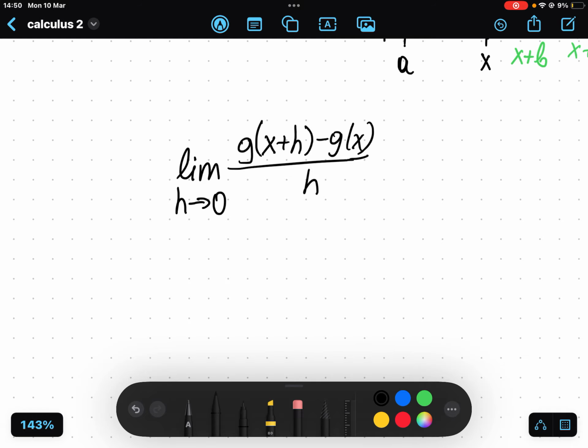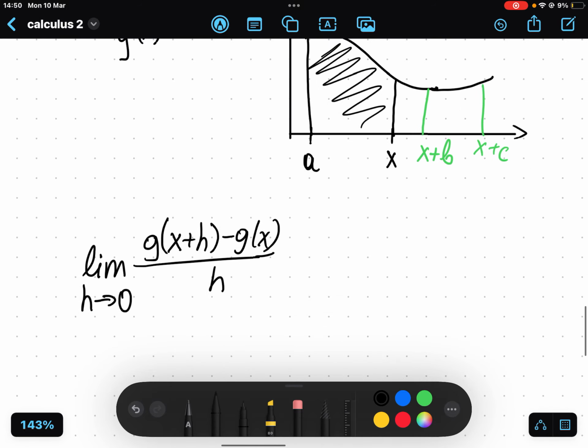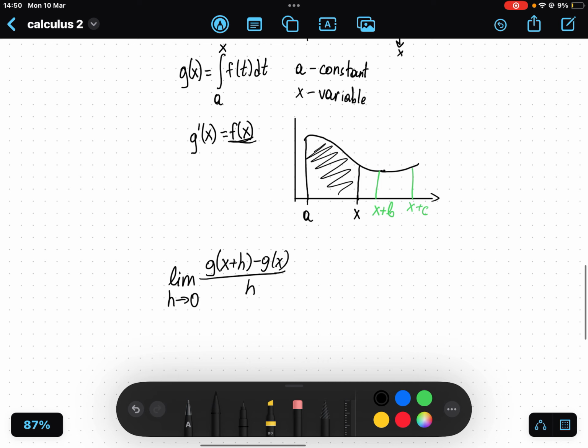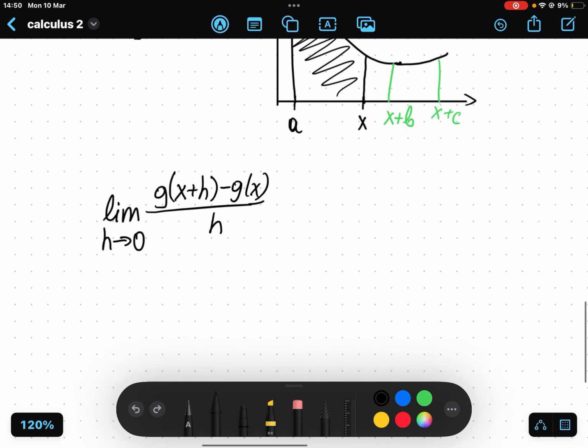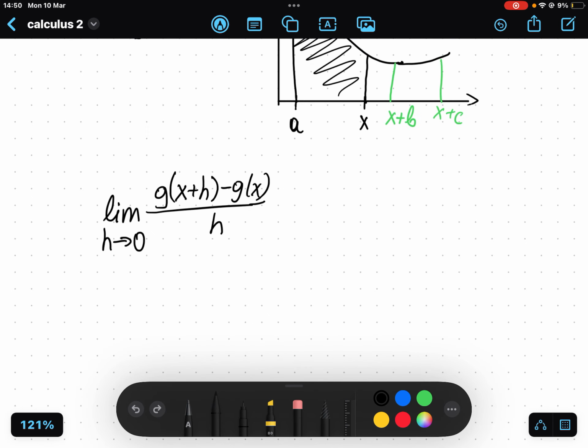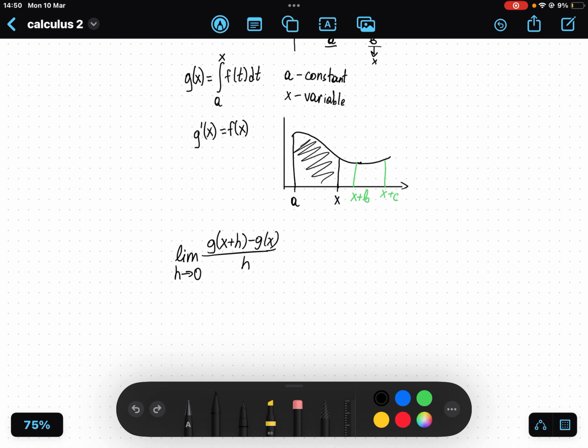So we have to prove that this equals our function f of x, right? So let's do it. Let's plug g of x plus h into our function. And remember, this is our function, right? I know it's kind of weird that the integral is our function, but let's just write it like that.